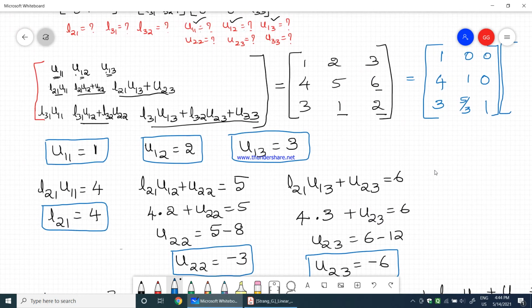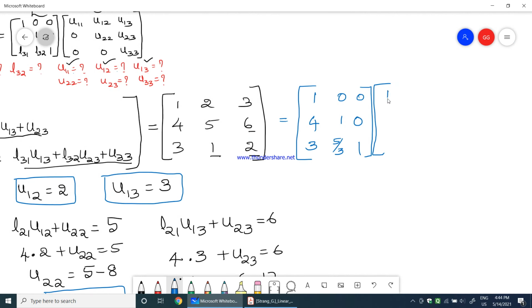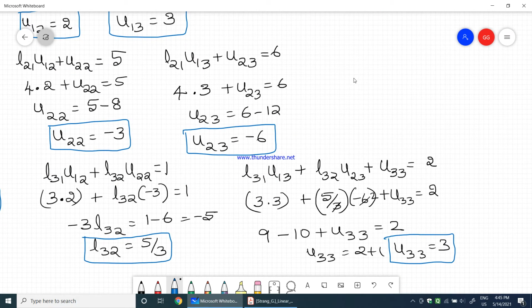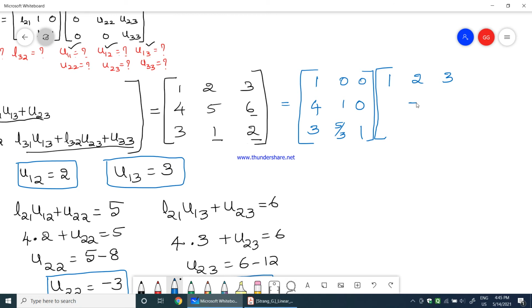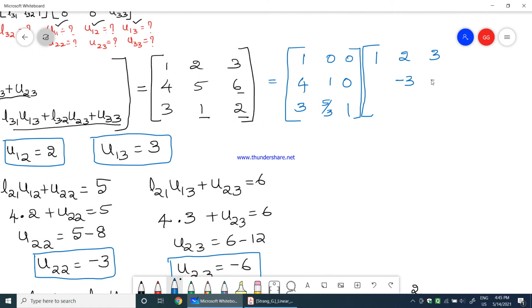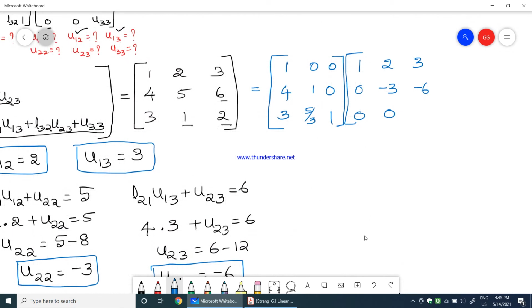U11, U12, U13 is 1 2 3, which we have got. Then U22 is minus 3, U23 is minus 6. So this is 0 0 and finally U33 is 3.